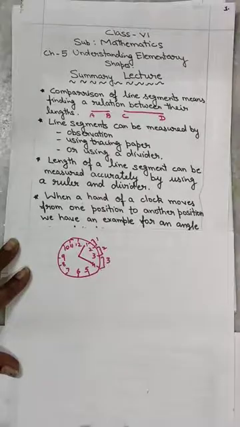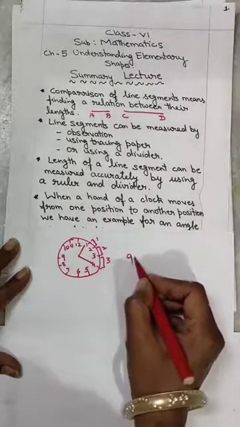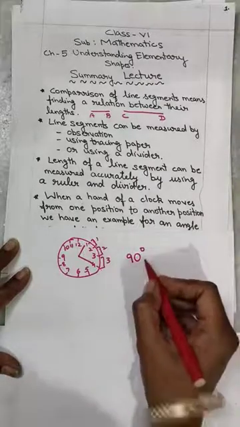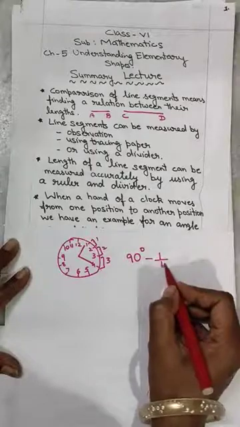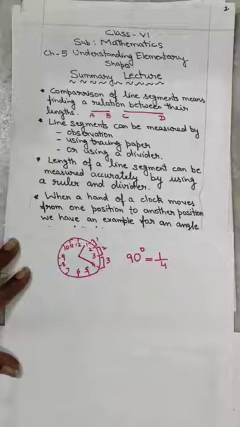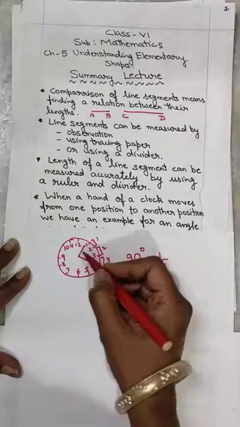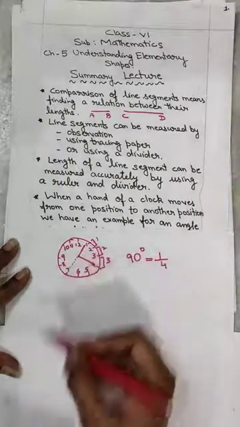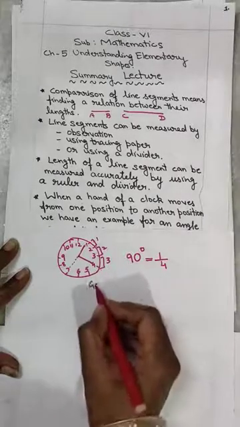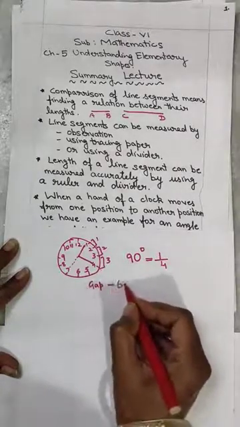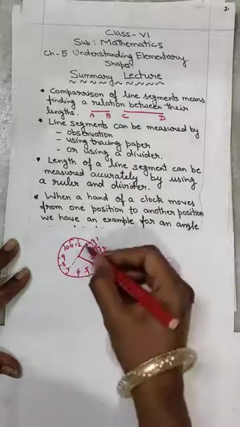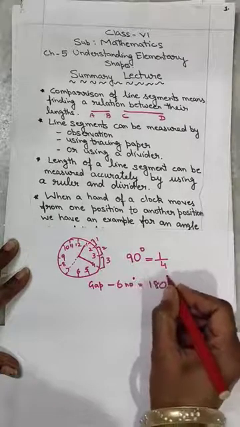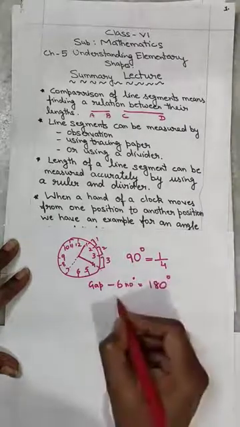If the gap is of 3 numbers, it means it has covered one right angle, that is 90 degrees, and one right angle means 1/4 of a revolution. And if it moves from 1 to 7, now the gap is of 6 numbers, and it is forming one straight line also, that means it is making an angle of 180 degrees.